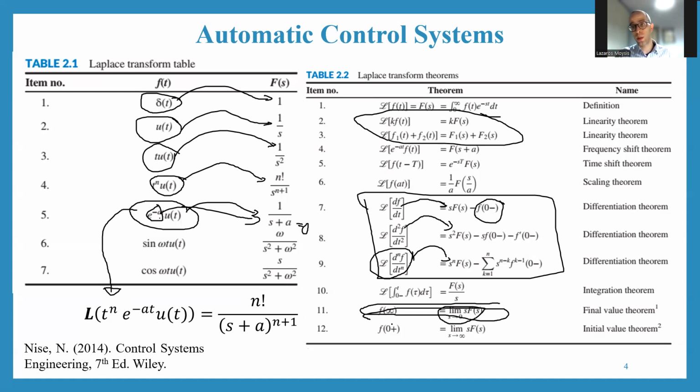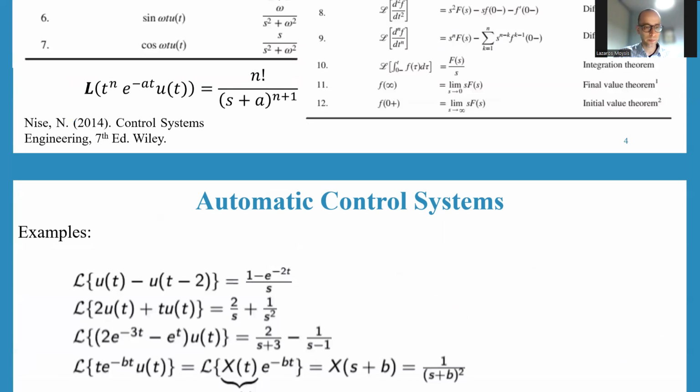Of course, it has to refer to a stable function that doesn't go to infinity itself. And this is going to be extremely useful when studying examples and specific systems, because we can simply compute what the final value of the output is going to be. So these are the very helpful properties for the Laplace transform.